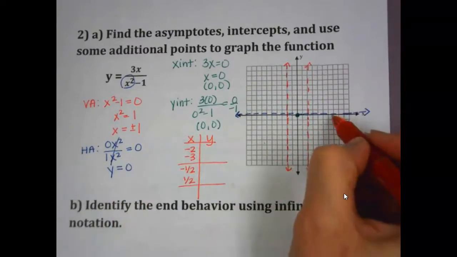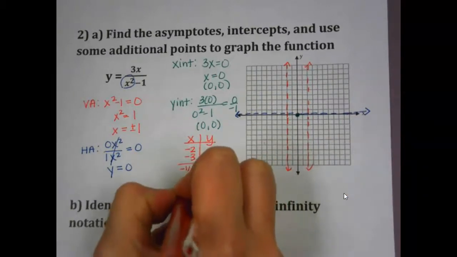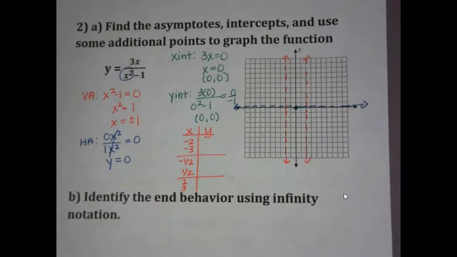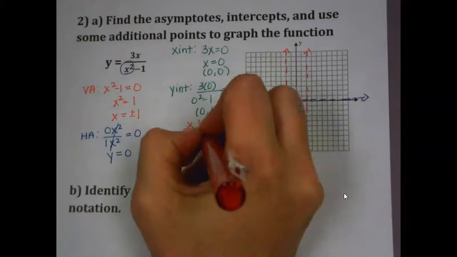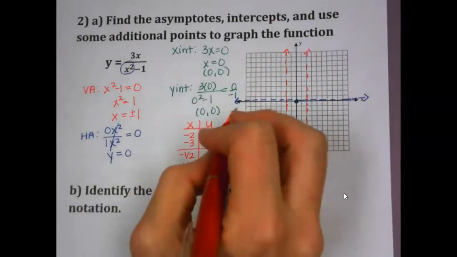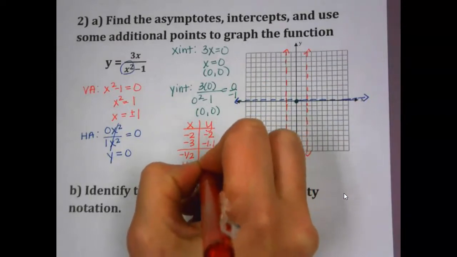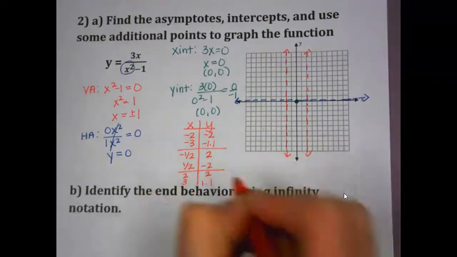And then to the right of 1, we could find 2 and 3. So you would just take each one of those and substitute them into your original equation to find the y values. I'll go ahead and tell you what they are. Negative 2, negative 1.1. Negative 1/2 is 2. 1/2 is negative 2. 2 is 2, and 3 is 1.1.